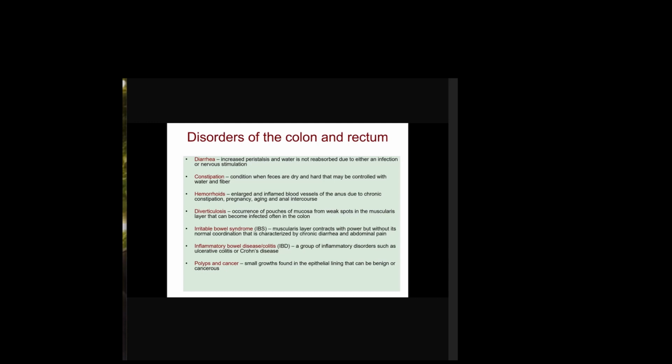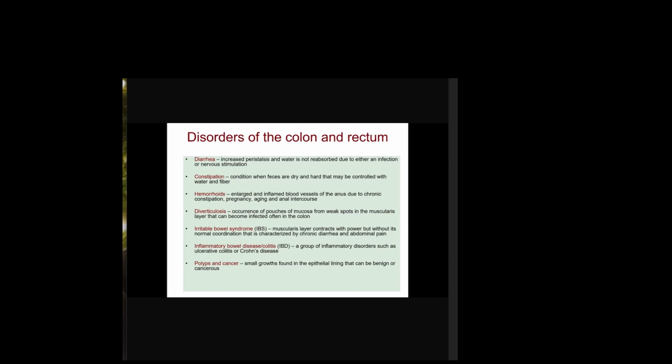Then you have inflammation of the blood vessels around the anus, which could cause a condition called hemorrhoids, could happen due to chronic constipation. Sometimes this is a condition associated with pregnancy and aging, and worst of all, when people engage in dangerous acts like anal intercourse.